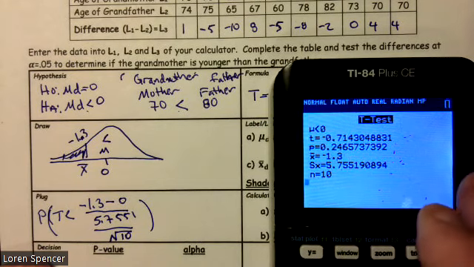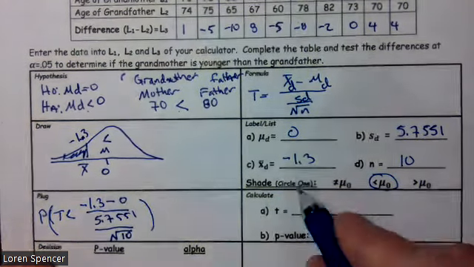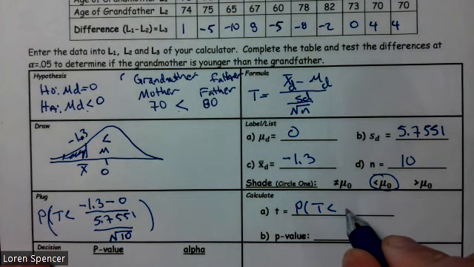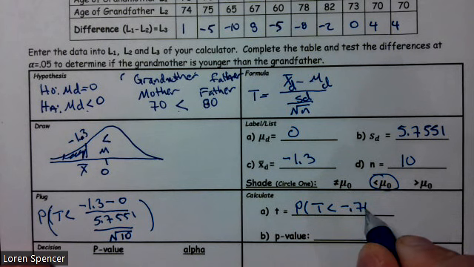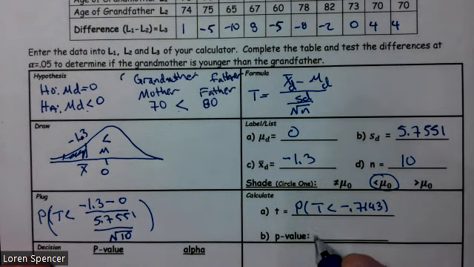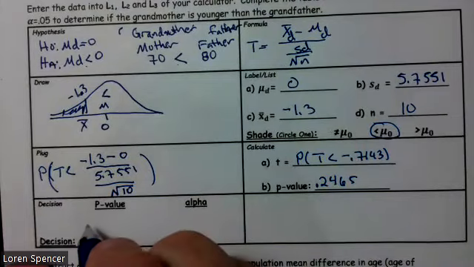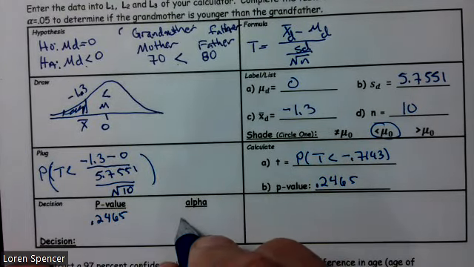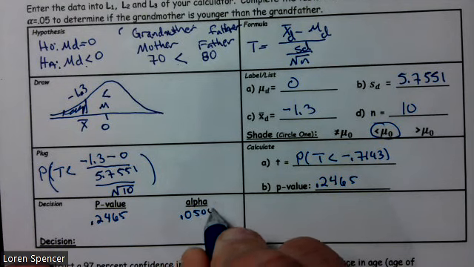And we end up getting the probability that t is less than negative 0.7143 gives us a p-value of 0.2465. So in this case, we have a pretty large p-value, especially when we compare it to the alpha.